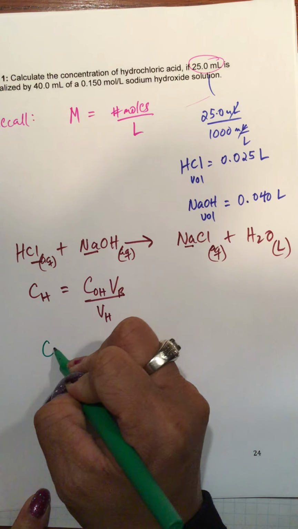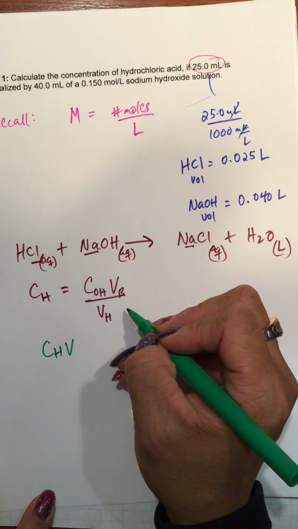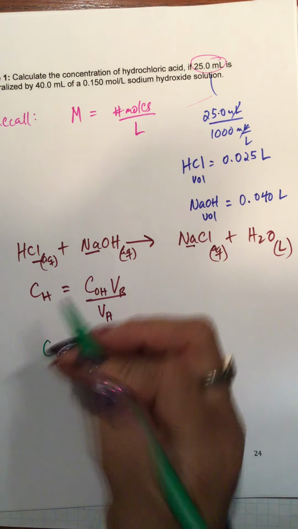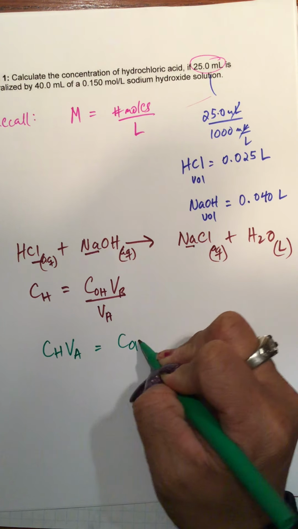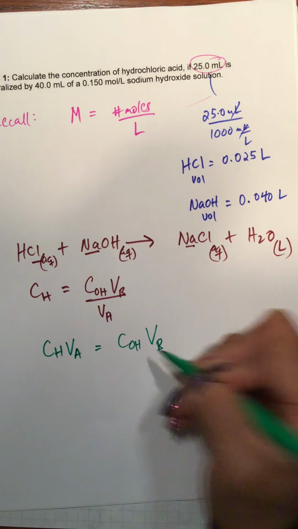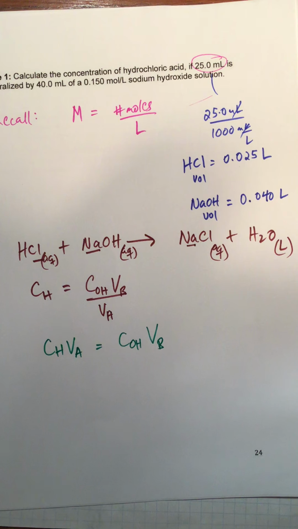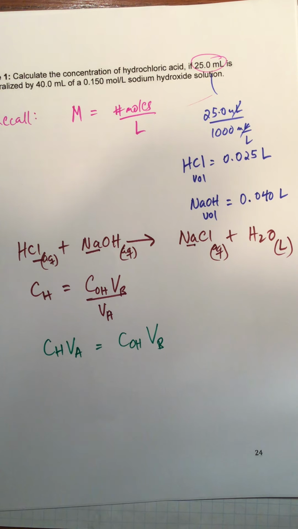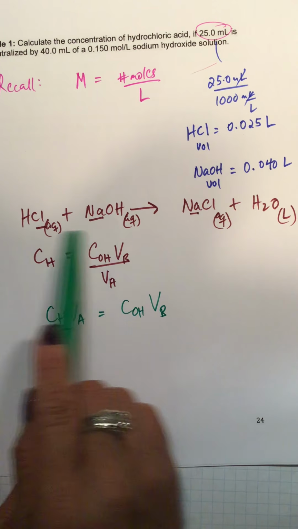It is really the concentration of the hydride times the volume of the acid is equal to the concentration of the hydroxide times the volume of the base. So we're looking at the base as the compound and not just the hydroxide, versus the concentration of the base. From that equation, we manipulated it and we got this.